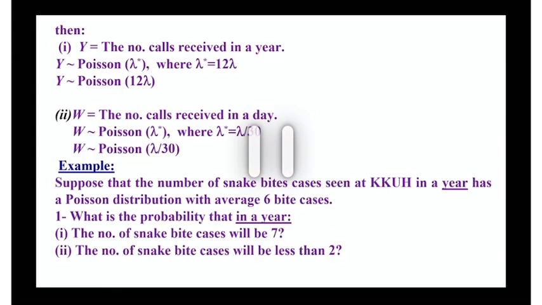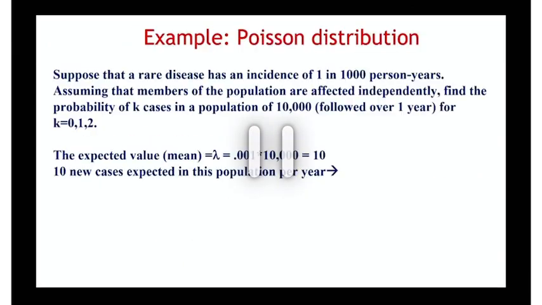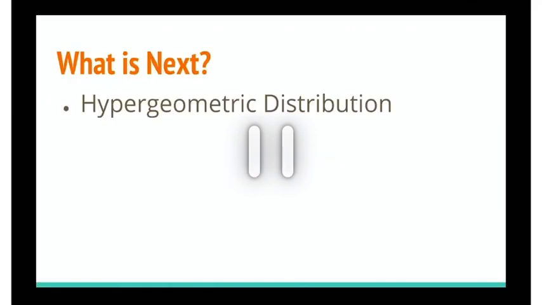I'm actually going to walk you through all of this. Of course, what I have for you tomorrow is hypergeometric distribution. The hypergeometric distribution will be the last probability distribution for the discrete family that we're going to do. Now, let's get started.